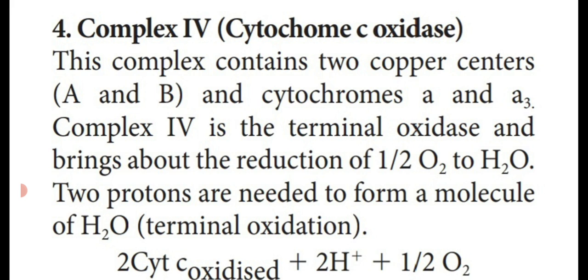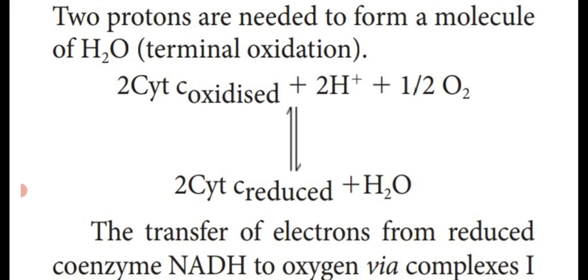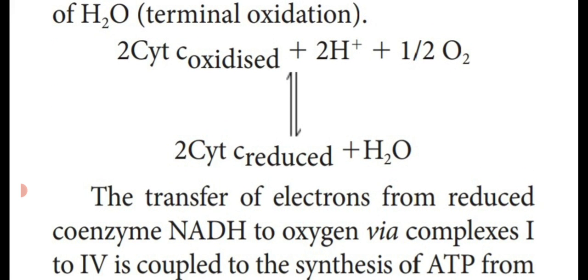The two protons are needed to form a molecule of water, that is terminal oxidation. The two cytochrome C are oxidized in the presence of hydrogen and O2. This cytochrome molecule is reduced and produces water molecules.